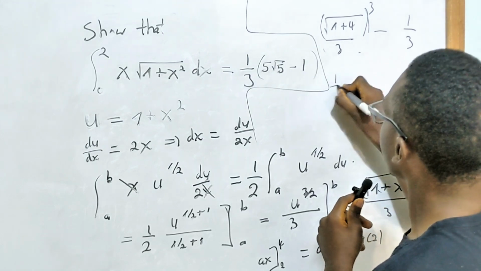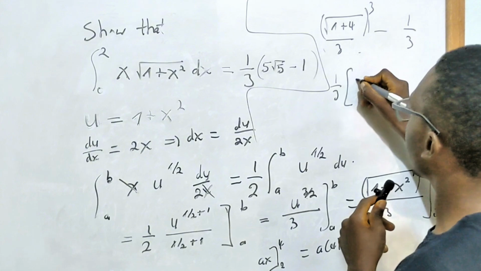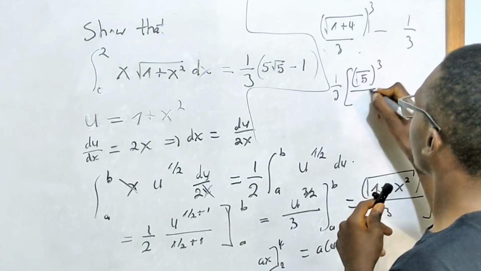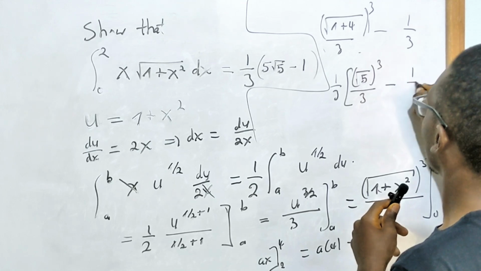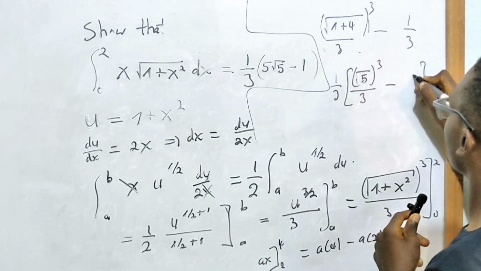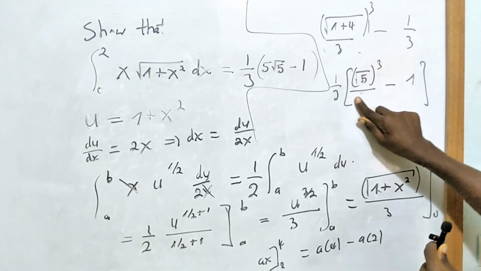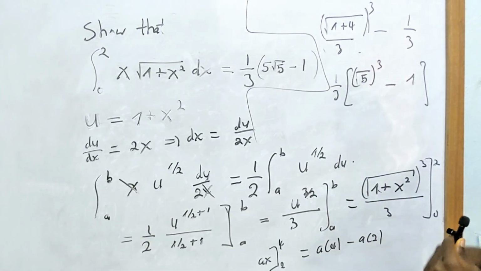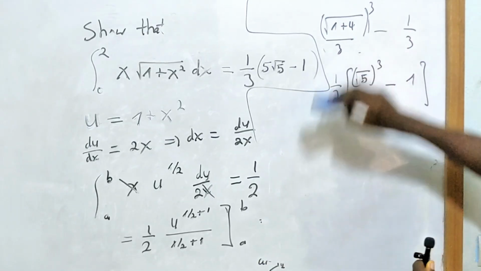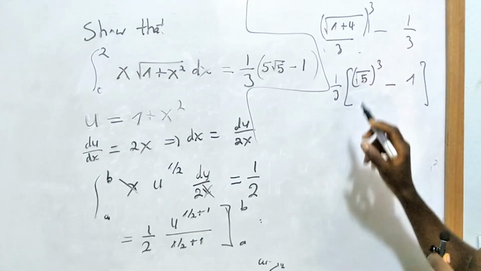Now we can bring out this 1/3 to have the square root of 5, cubed, minus 1. Our main objective now is to simplify what's inside here.